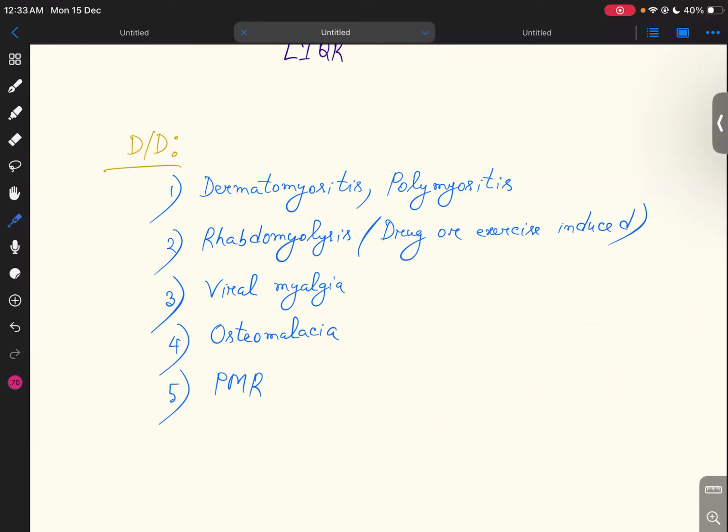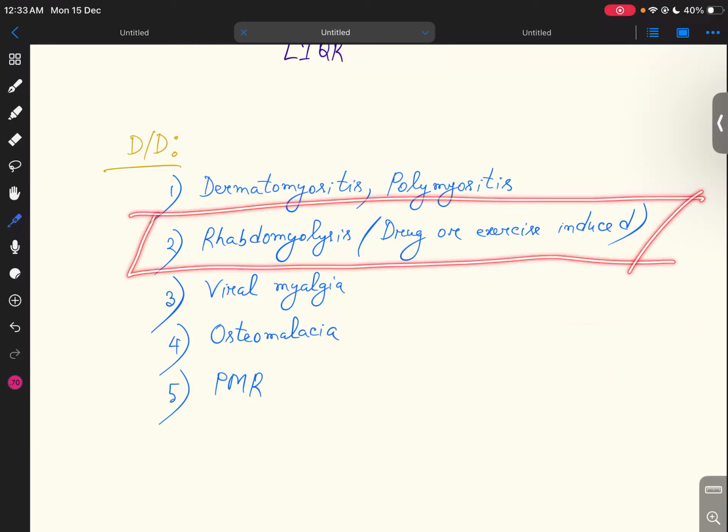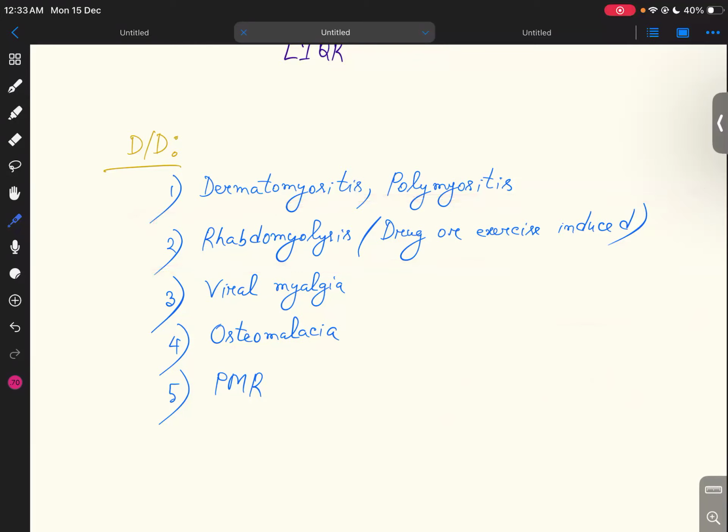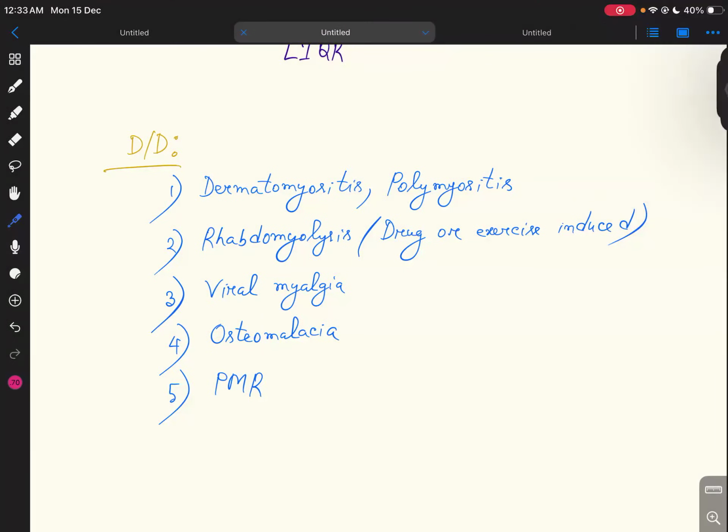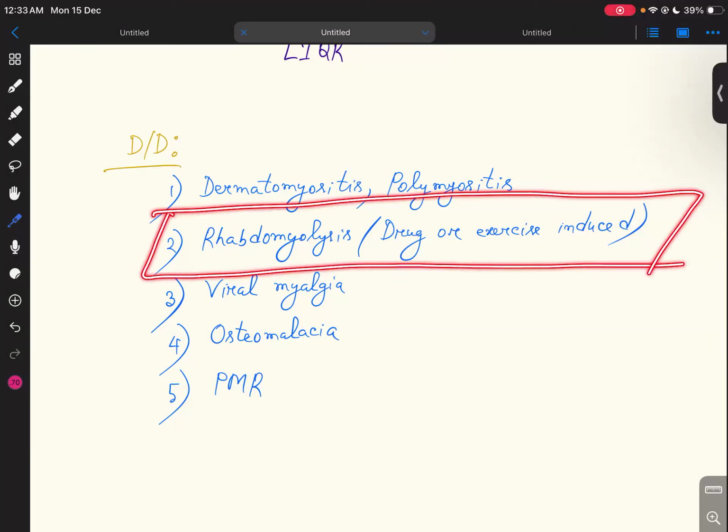Okay, let me ask you a question. Suppose this case is coming in the PACES exam. Suppose the case is rhabdomyolysis. The patient is telling you that recently I took part in a marathon.